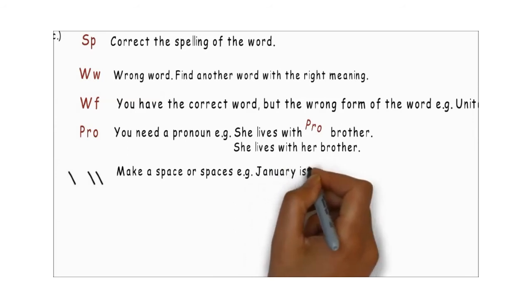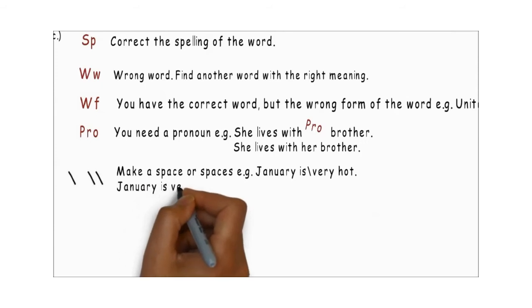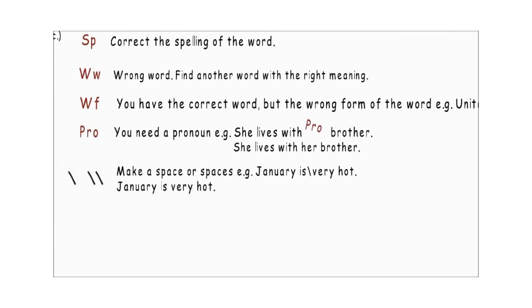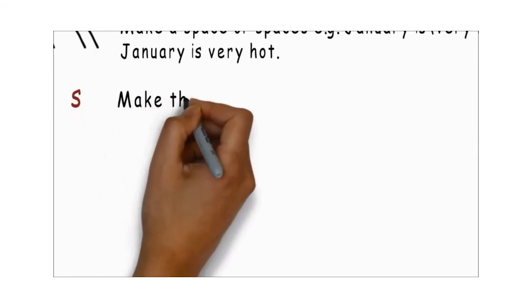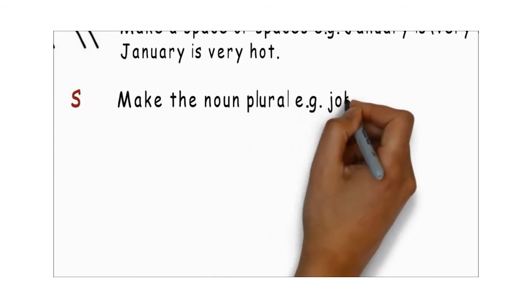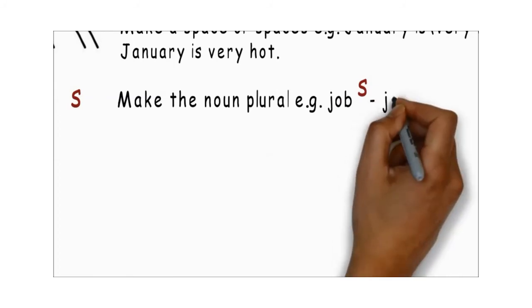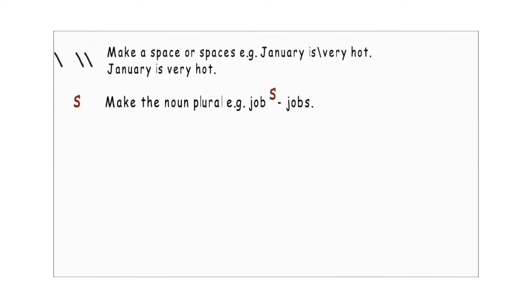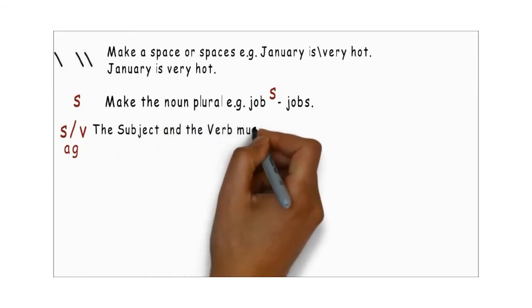Sometimes this occurs after punctuation marks or simply between words. Missing plurals may be shown by an S. The plural, of course, may not necessarily be simply an S, but it may mean another form of the plural is required. Subject-verb agreement is an area of correction in some examples. The subject must agree with the verb in terms of plural or singular.